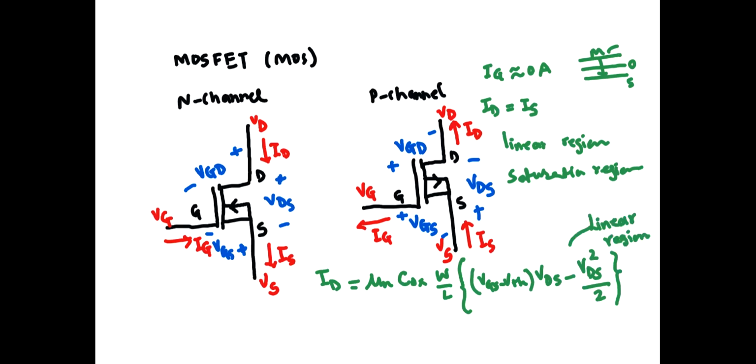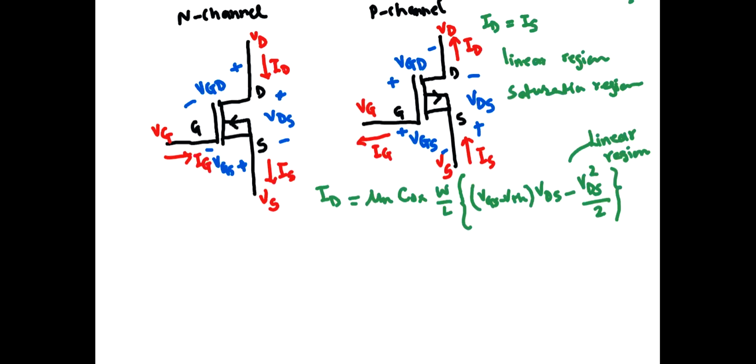In a moment, I will define the terms. For example, what is mu, what is Cox, what is W over L, etc. Okay, so now we will write the expression for the drain current in the saturation region.